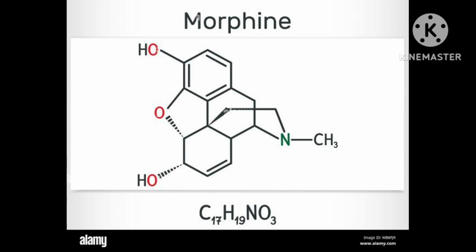Now I want to discuss heroin. Heroin, also known as diacetyl morphine, or dimorphine, is a morphine opioid substance derived from the dried latex of the Papaver somniferum plant.